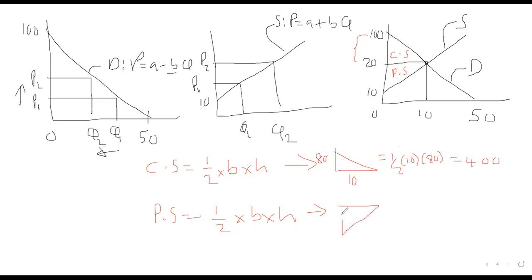Our producer surplus is this area here, this triangle. Here there's 10, and here from 10 to 20, it's another 10. So we're going to say half of 10 times 10, which is 100, divided by 2 is 50.